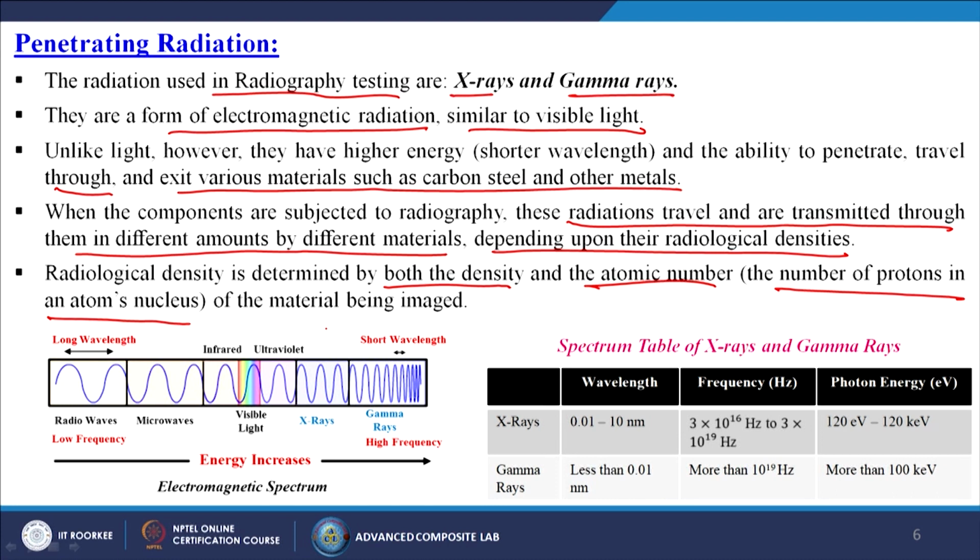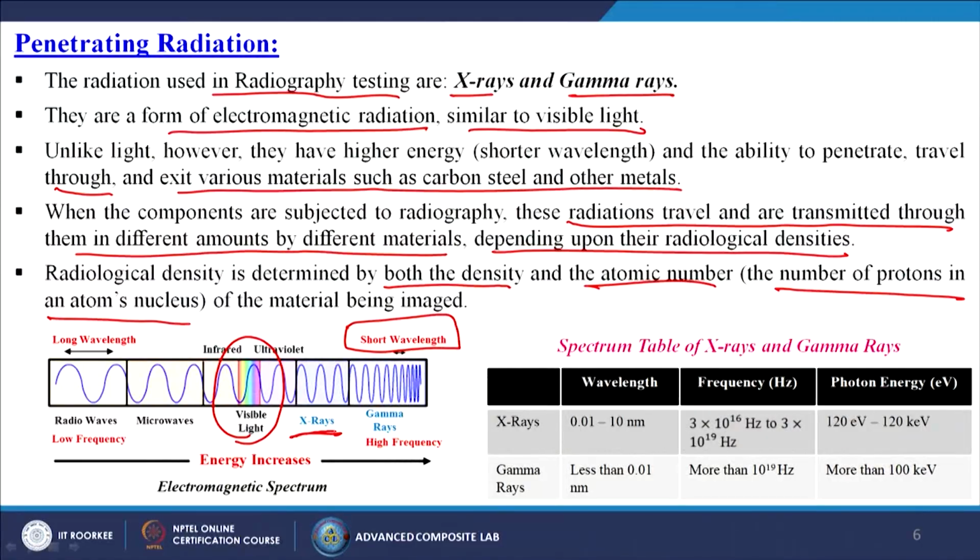So, now you can see this is the whole spectrum. We have the electromagnetic spectrum starting from radio waves to gamma rays. This is the visible light spectrum, which we can see with our normal eyes. Then when we talk about short wavelengths, we find X-rays and gamma rays, which have very high frequency and short wavelength.